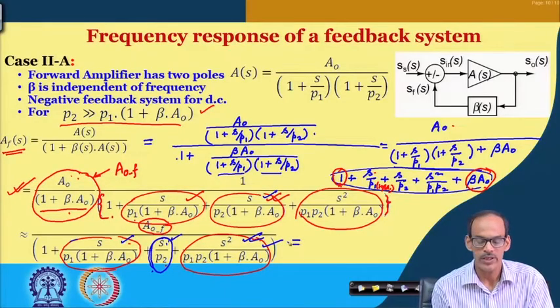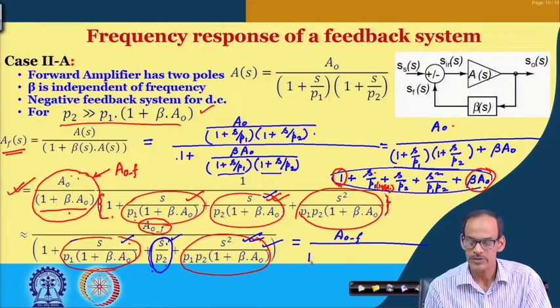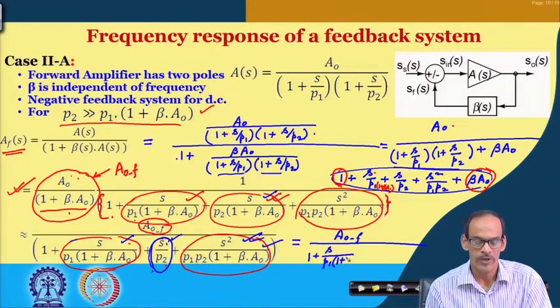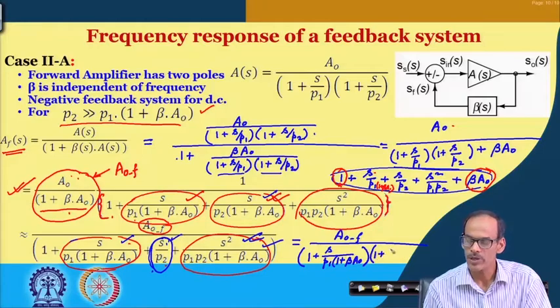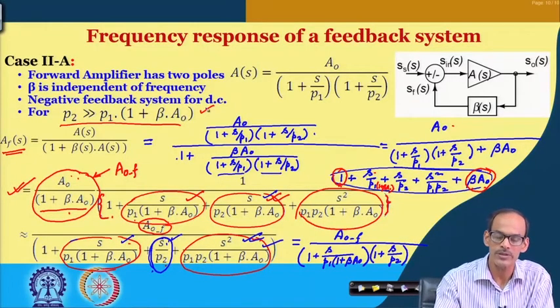So, what we can say here is the numerator is A naught F and the denominator is 1 plus S divided by P 1 multiplied by 1 plus beta into A naught, then multiplied by 1 plus S divided by P 2. So, note that we are getting this approximation under this condition.